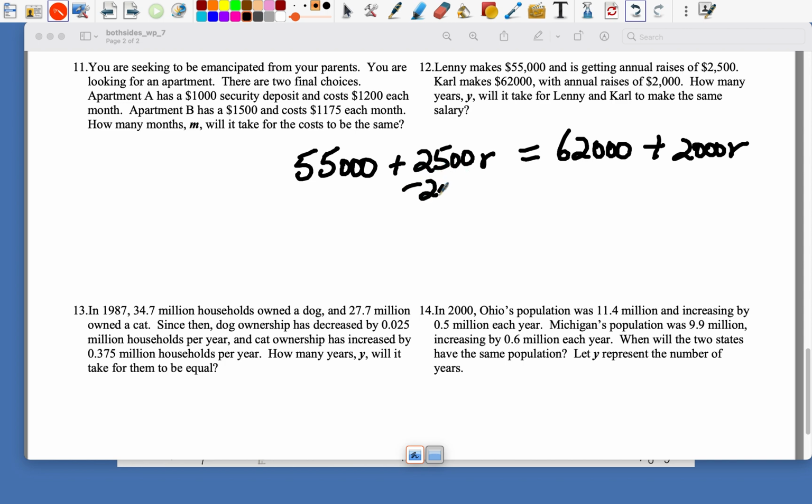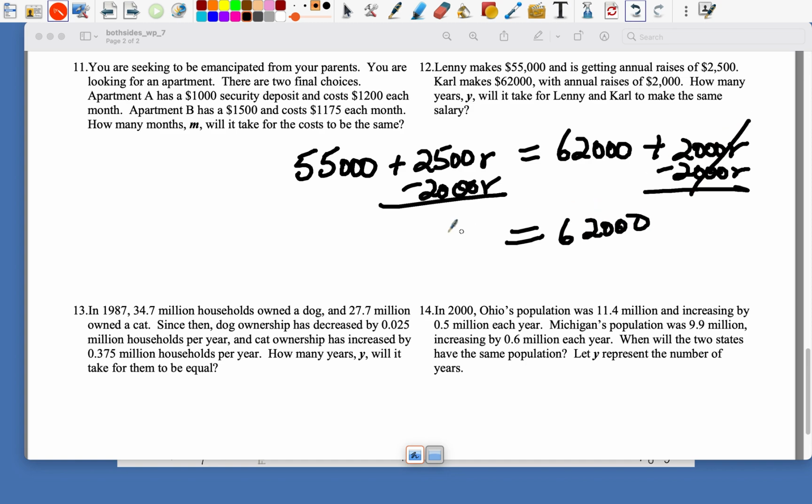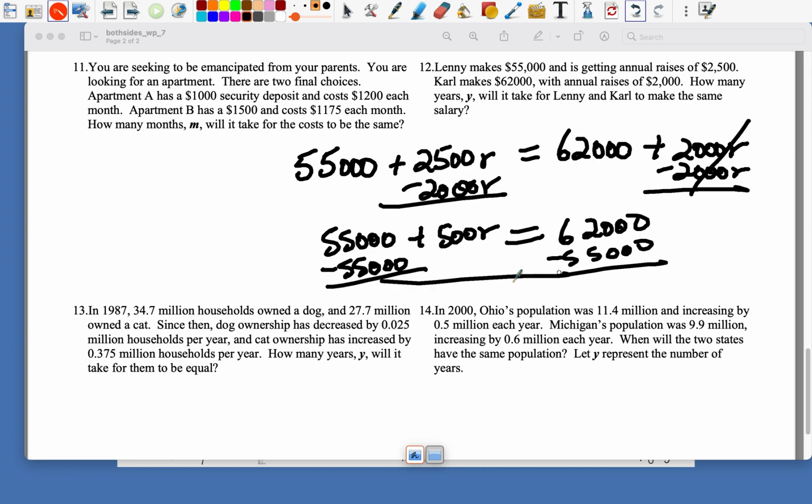But let's see how many years it takes. Let's do minus $2,000 on both sides. And we're going to get, that goes away, 62,000 comes here. This is 55,000 plus 500R. We're going to subtract 55,000 from both sides. And we get 500R equals, what is this, 7,000?